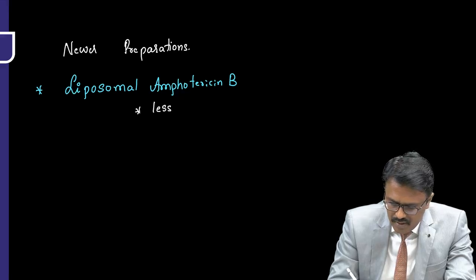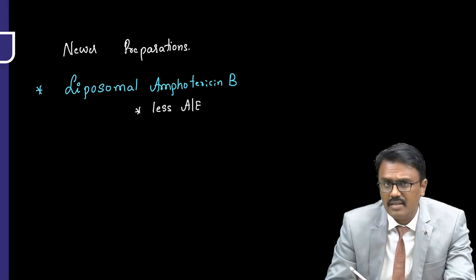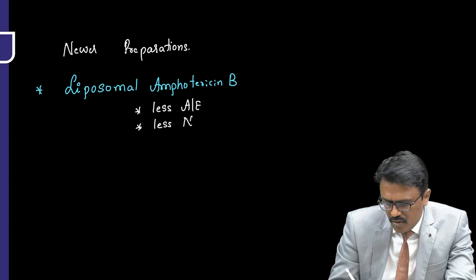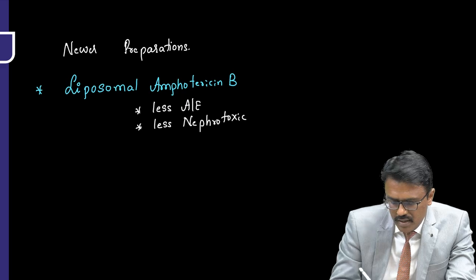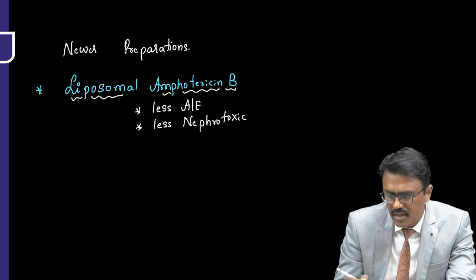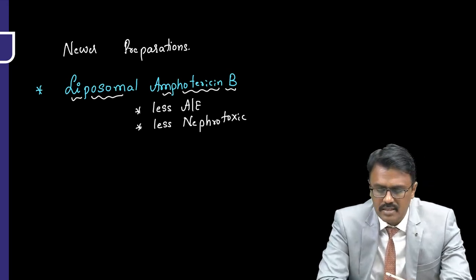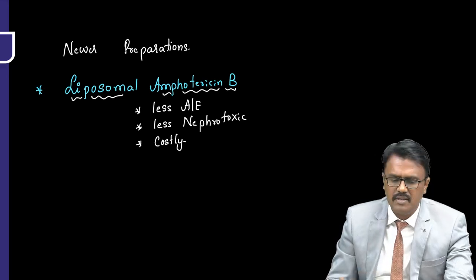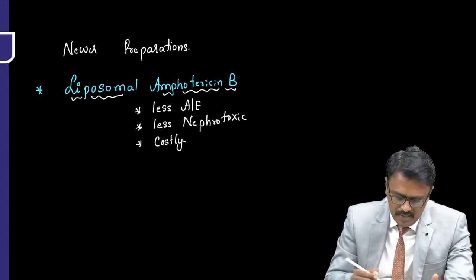Less adverse effects compared to the classical, that is conventional, and less nephrotoxic potential. So that is the reason why it is preferred nowadays. Less infusion reaction, less nephrotoxic, but the problem is cost. It is a bit costlier. That's it. Otherwise, most of us are using that one.